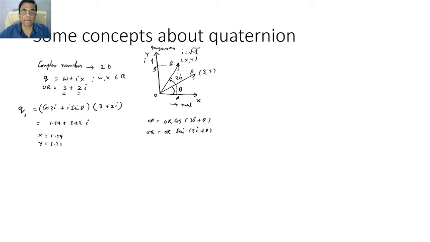Okay. Now you can consider OR as a unit vector. Okay, so this could be unit. So OA will be cos(30 plus theta), and then sin(30 plus theta), and so the complex quantity will be cos(30 plus theta) plus i sin(30 plus theta).